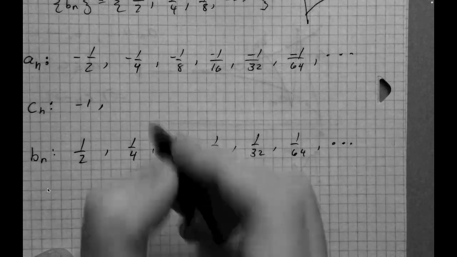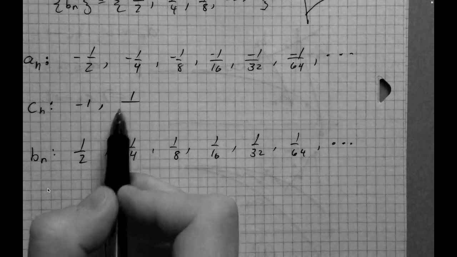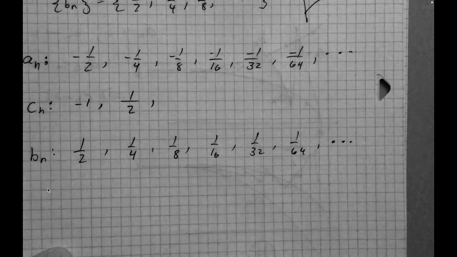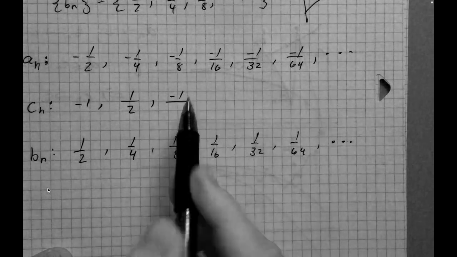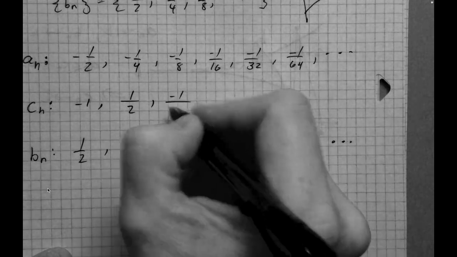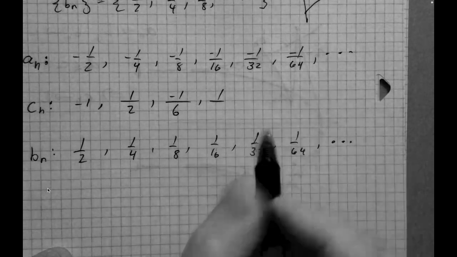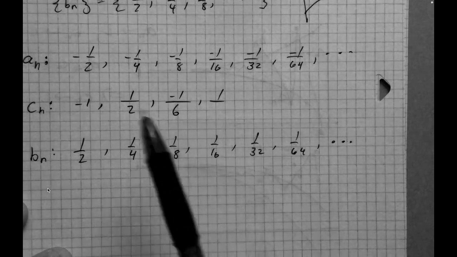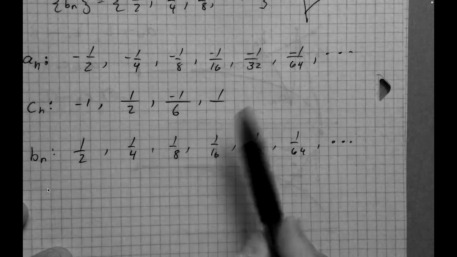Then the second term would be 1 over 2 factorial, which is 1 times 2, so 1/2. Then negative 1 over 3 factorial, which is 1 times 2 times 3, so negative 1/6. And then positive 1 over 24, since 4 factorial is 1 times 2 times 3 times 4, so 6 times 4 is 24.